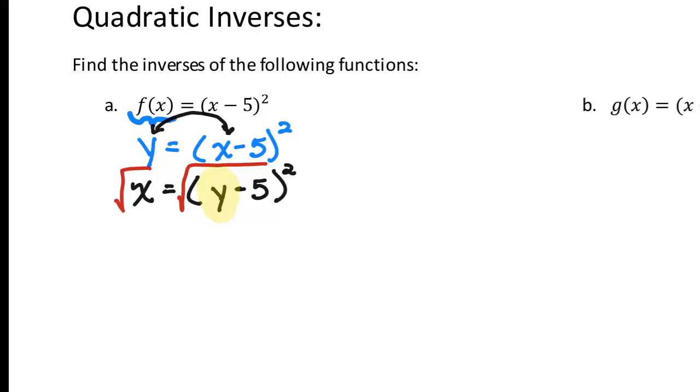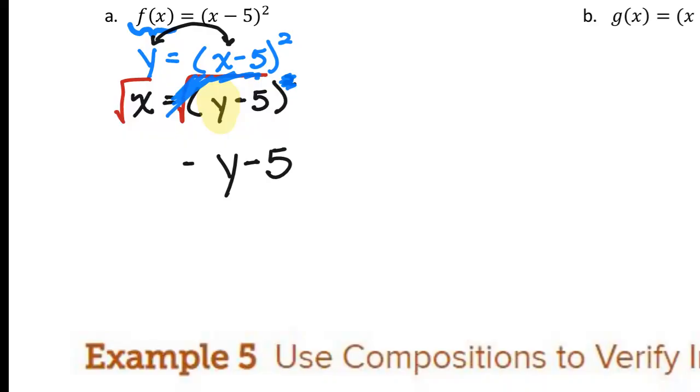Remember, when you have a square root, it's like there's a little 2 there, but we never put it there. It's understood. So the square root and the 2 cancel each other out. On the right, I'm left with y minus 5, and the parentheses are gone too, and that is equal to the square root of x.